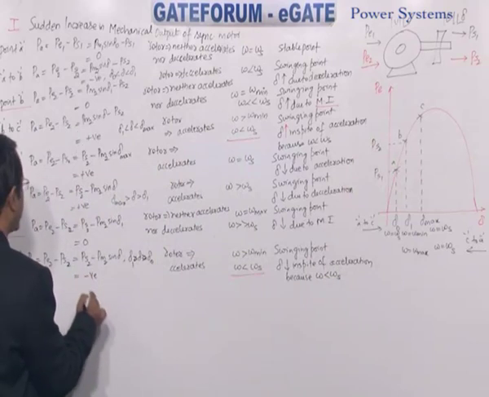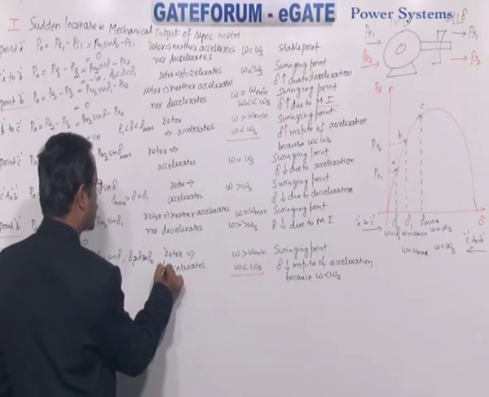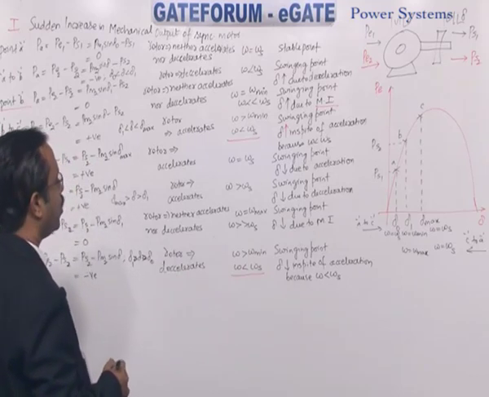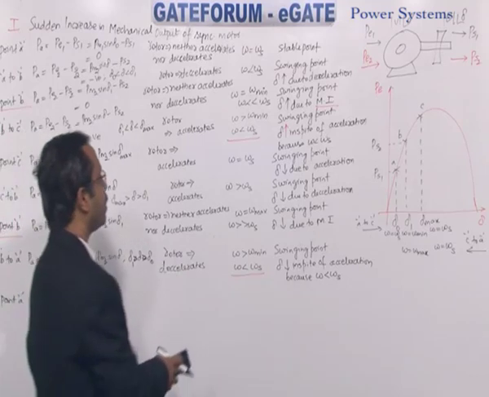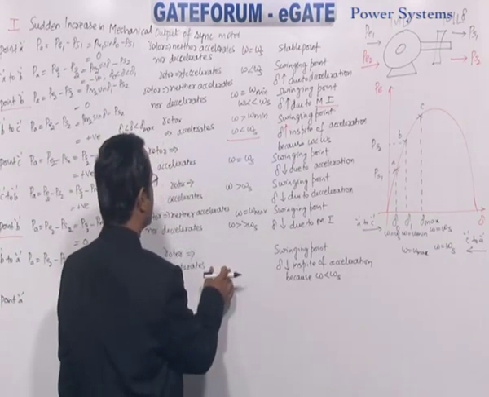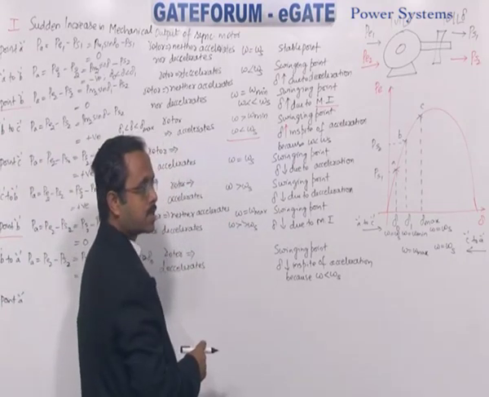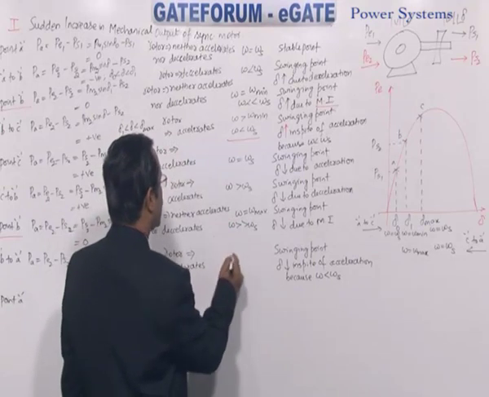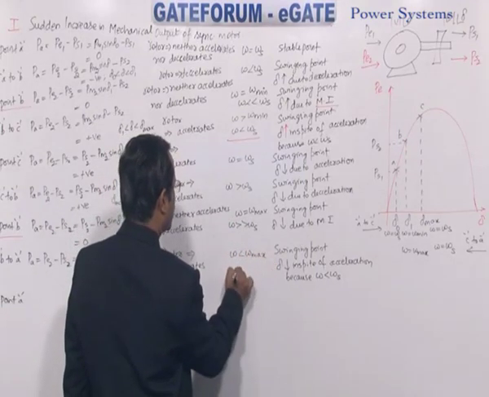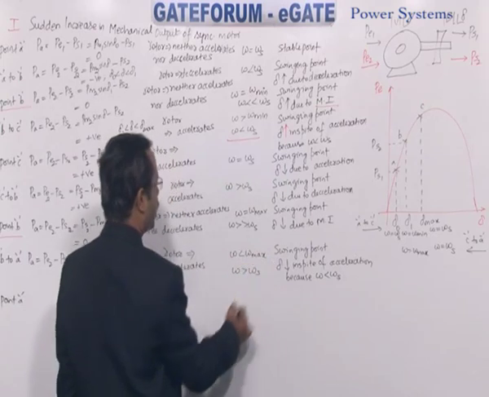If difference is negative, rotor decelerates. What about omega now? You can compare here. Last step, omega is omega max. Now decelerating means less than omega max, but still it is greater than omega s.